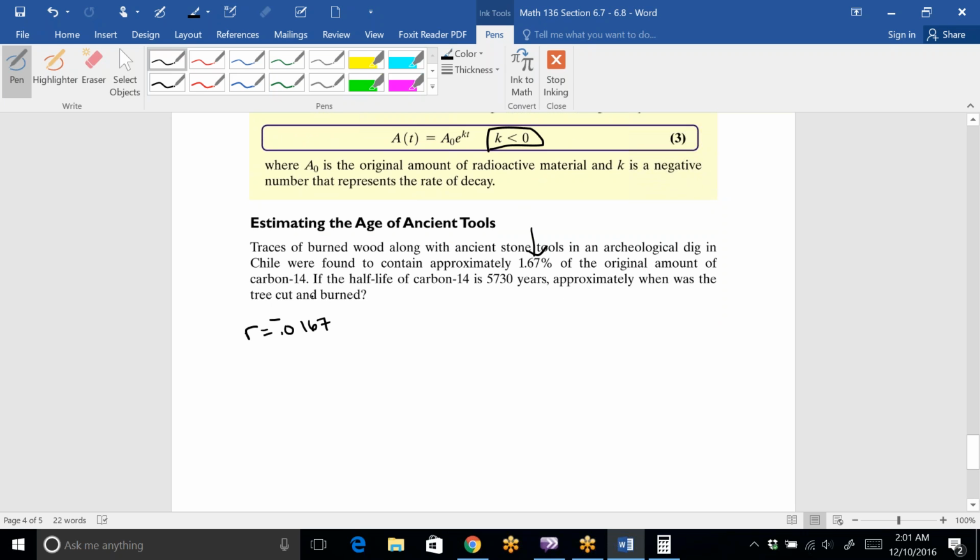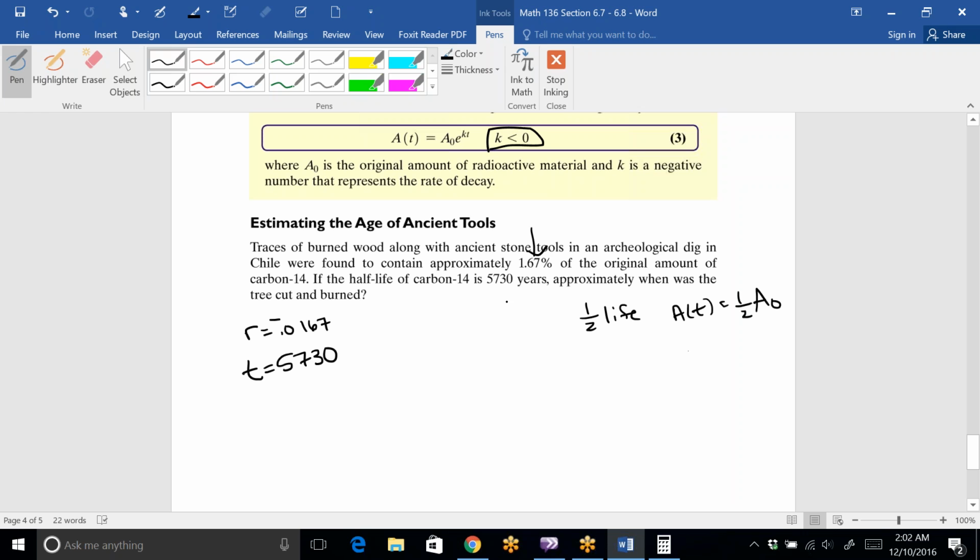So that's that. The half-life, let me explain what a half-life is. Half-life, in case you've never played that game, is when A of t is half of A sub 0. So that's what that means. And we know that the half-life is going to be that t is 5,730.